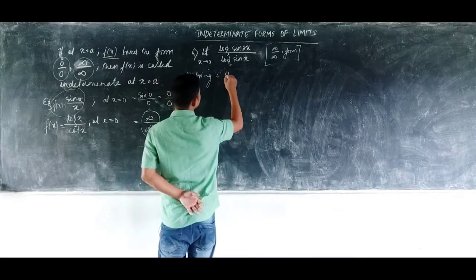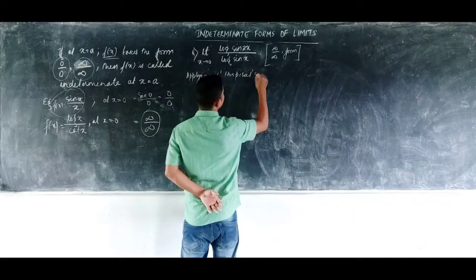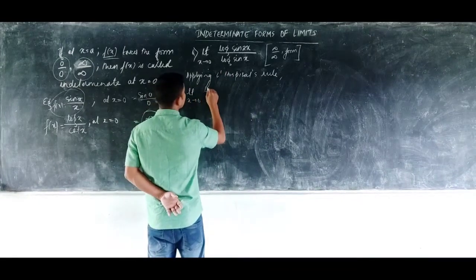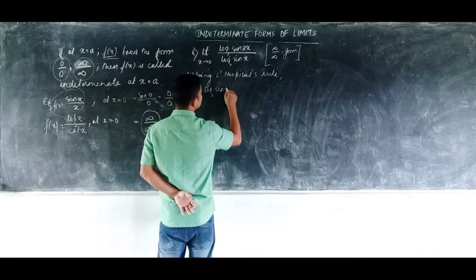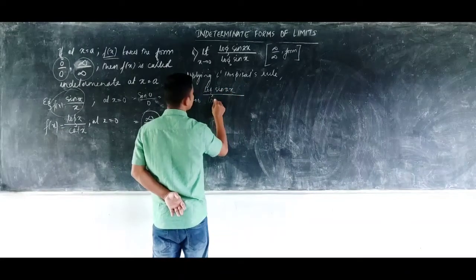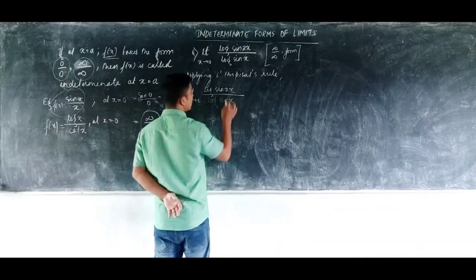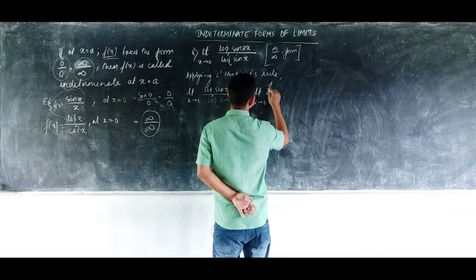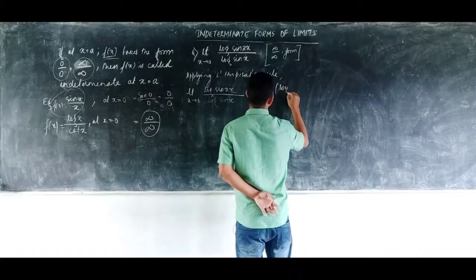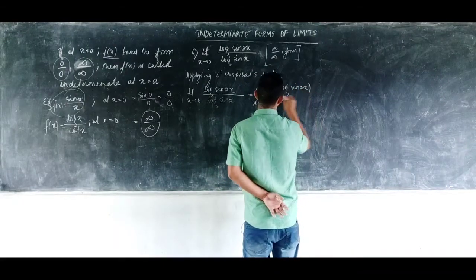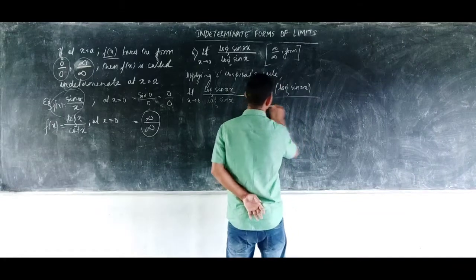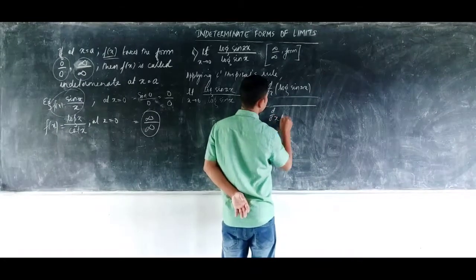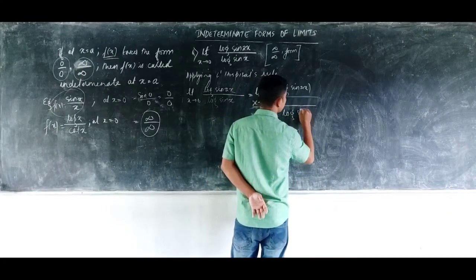So, I am applying L'Hospital's rule. Okay, so, this limit of x tending to 0 of log of sin 2x divided by log of sin x will be equal to the limit of x tending to 0 of d by dx of log of sin 2x, whole divided by d by dx of log of sin x.